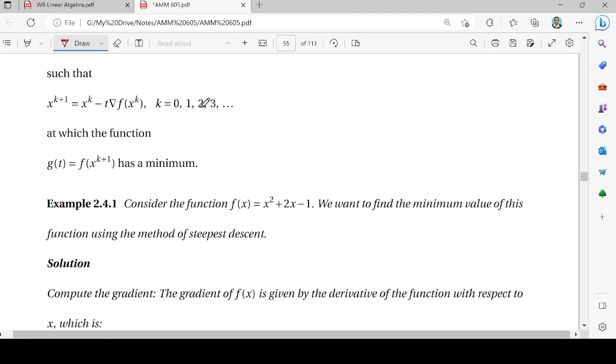Now, the value of t is determined such that the function g, which is defined as f of x(k+1), is a minimum.